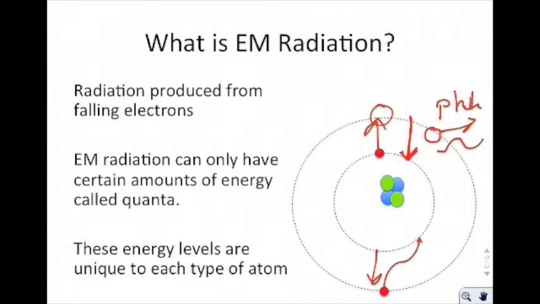Now what this means is that you can only have light or electromagnetic radiation produced when these two orbitals have a specific distance. In other words, I can't produce light from here to here because the electron can't be here. It can't be there. So what this results in is every atom has a unique color pattern that's produced as a result of the distance between the orbitals.